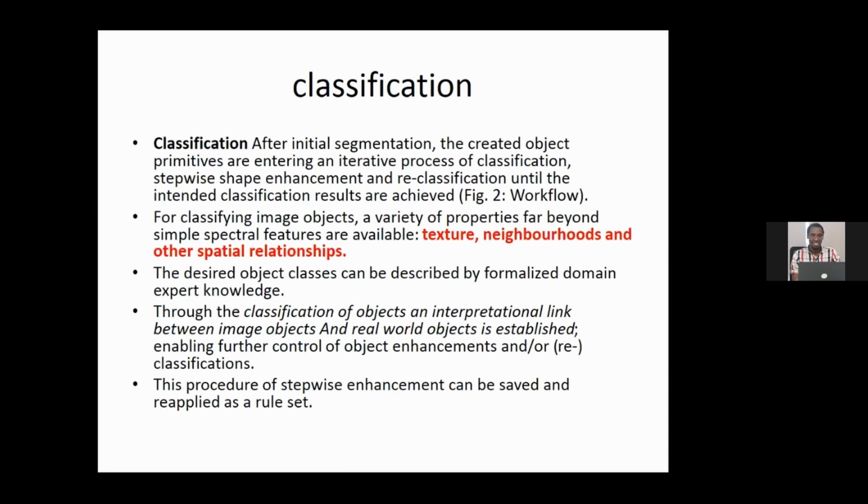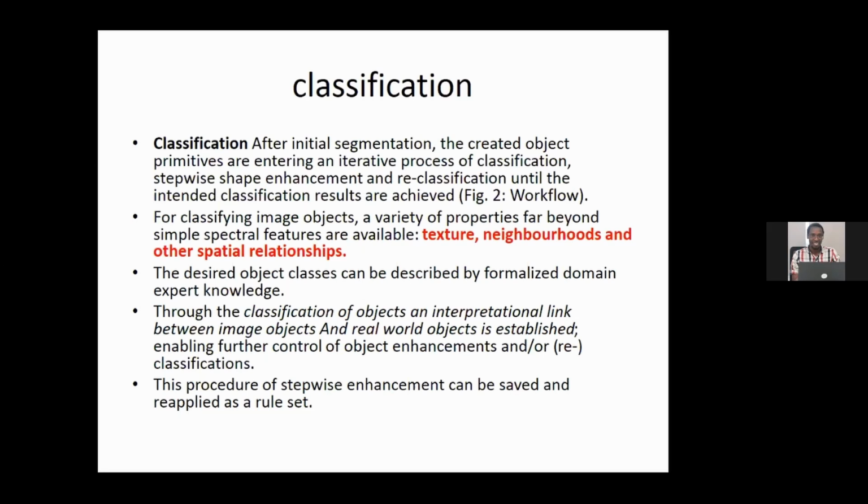Finally, your desired object classes can be described easily, and of course you must have some domain expert knowledge. If you don't have knowledge about the area, or you don't have the domain knowledge, then it becomes very hard to create a rule-based classification.